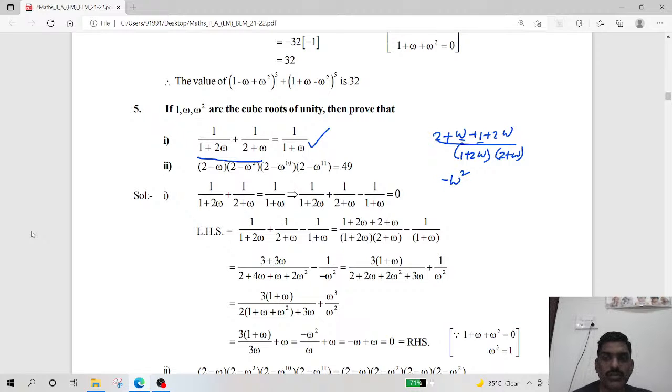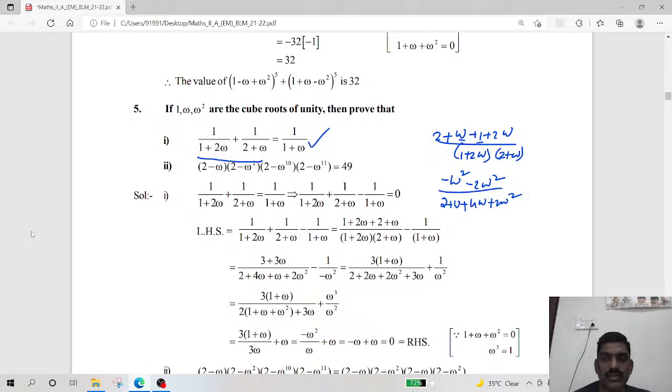2 take out common, plus 2 times minus omega square, again minus 2 omega square. And here you multiply these two. If you multiply these two, what do you get? 2 plus omega plus 4 omega plus 2 omega square.